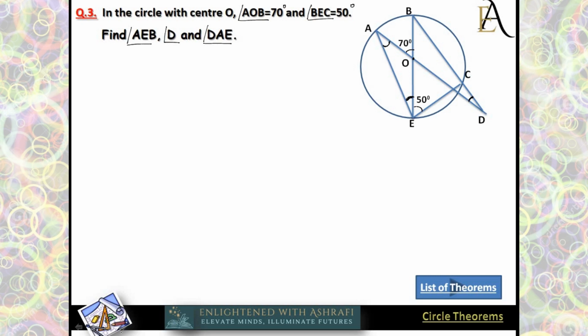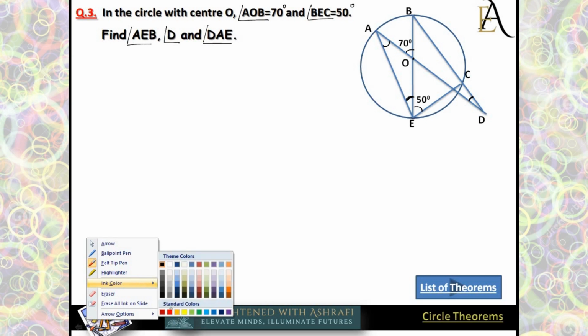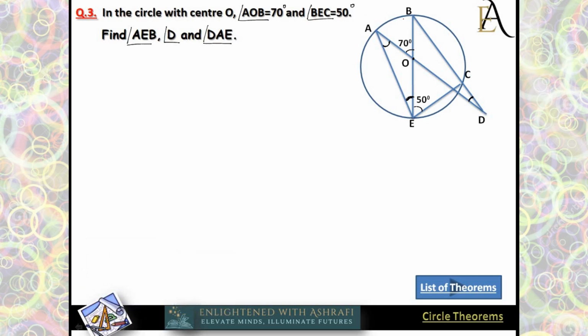Now if you look at the diagram, let me change the color. We can see this is the diameter. This cannot be 90 because it is not cyclic over here. Then what else do we have?